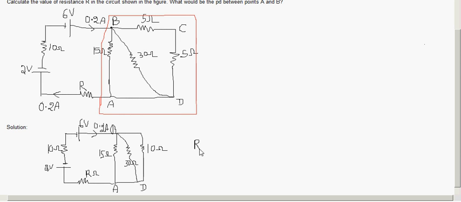Now 15 ohm, 30 ohm and 10 ohm are in parallel. So the parallel combination of these will give us the equivalent resistance. 1 by Rp is equal to 1 by 15 plus 1 by 30 plus 1 by 10. You take common denominator as 30.